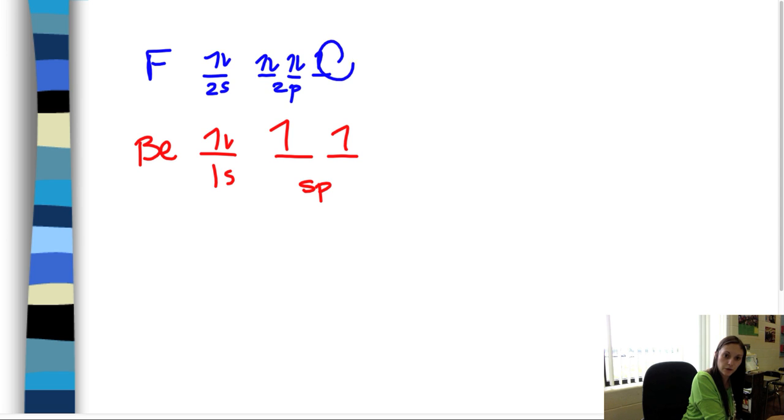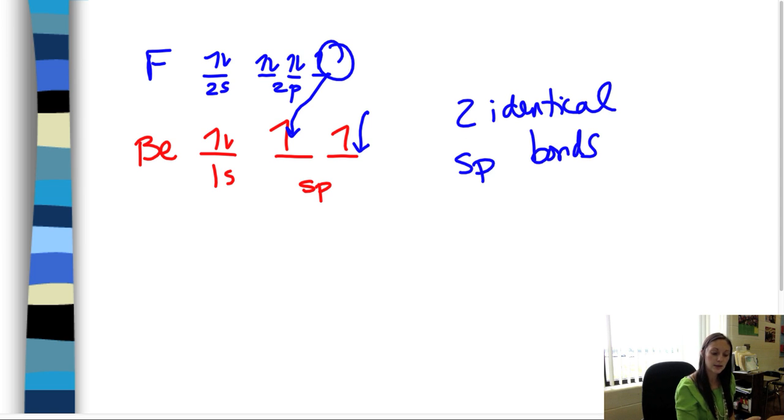Its 2p here is free, so this p orbital is going to bond here with the beryllium for one bond. Another fluorine comes along, looks exactly the same as this one, and bonds right here. Now I have two identical sp bonds. So that is the easiest type of hybrid orbital, the sp hybrid orbital.